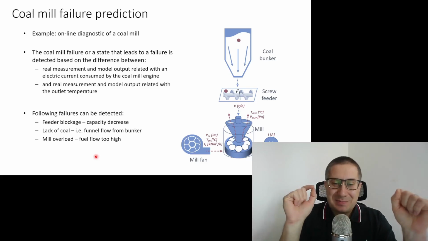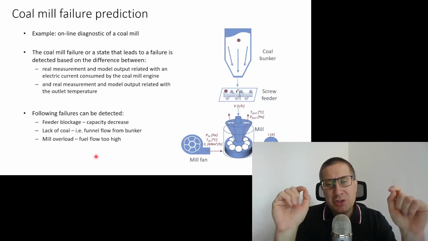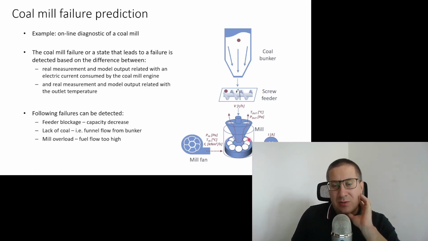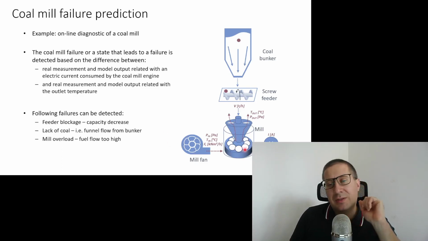So here our task was to detect failures related with the coal mill, with a device that grinds the coal using such bowls. So the coal is fed to the coal mill. Also the air is fed to the coal mill.